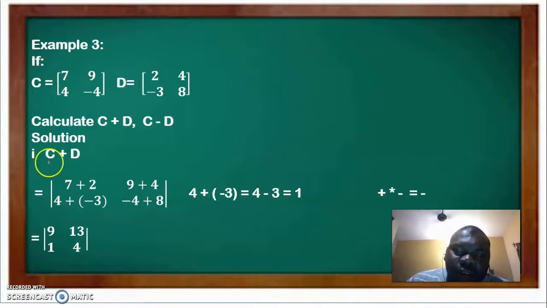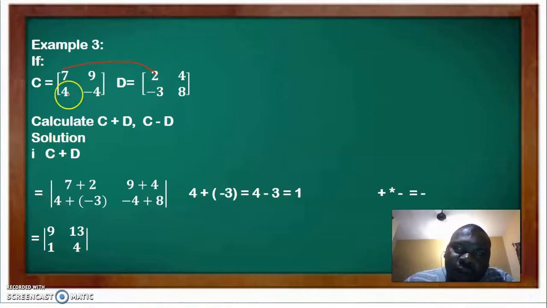So for example, 7 plus 2, because 7 is on C11 and 2 is on D11. That is, 7 is on row 1 column 1 and 2 is also on row 1 column 1.